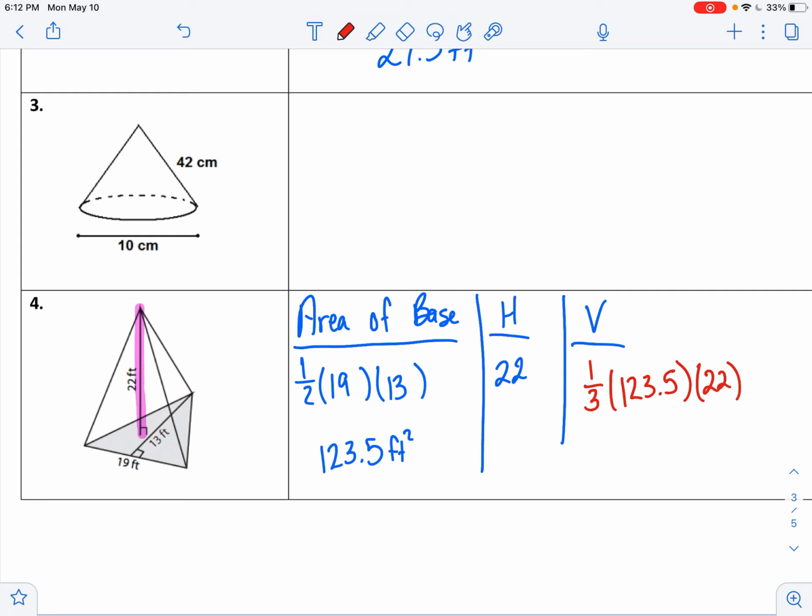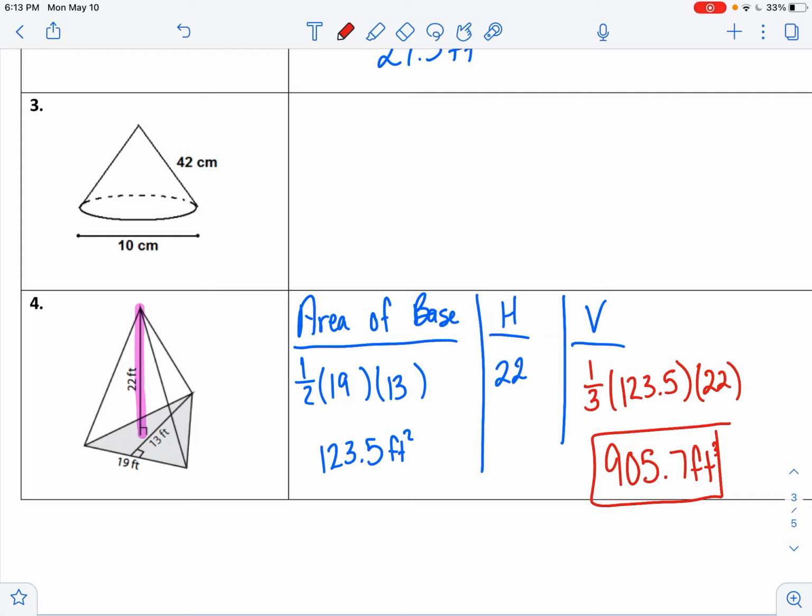So 1/3 times the area of the base times the height should get me 905.7 cubic feet.